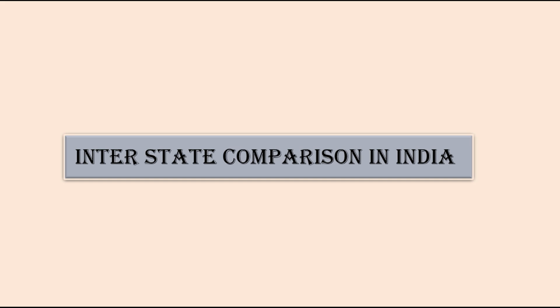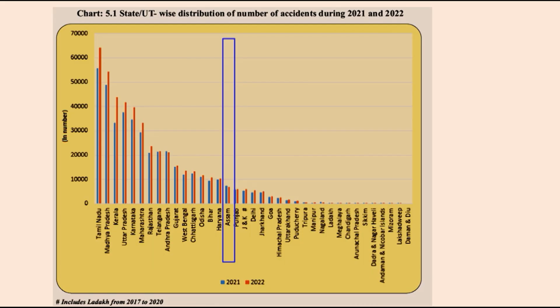Okay. Quickly we will go through some of the statistics for different states. If we see Assam in comparison to different states in terms of accidents, Tamil Nadu has the highest number of accidents, then Madhya Pradesh, then Kerala, then UP. And Assam comes 18th or 19th in that state list.